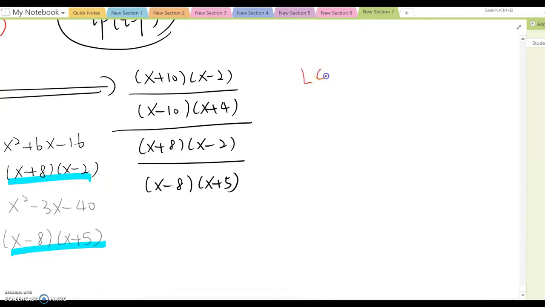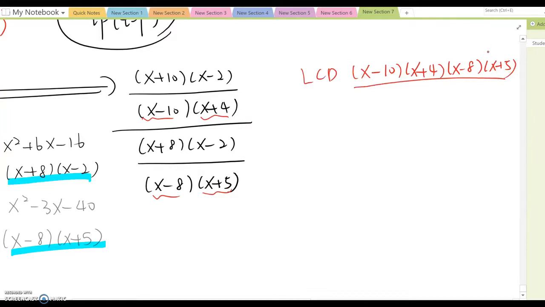So LCD, since all factors are different, becomes x minus 10, x plus 4, x minus 8, x plus 5, and multiply this by each fraction.